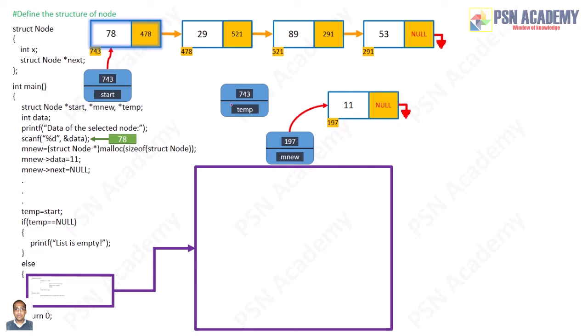So it will be 743 now, and it starts pointing to the first node. So to move temp over the whole list, over each node one by one, we run a while loop. And write inside temp equal to temp next.